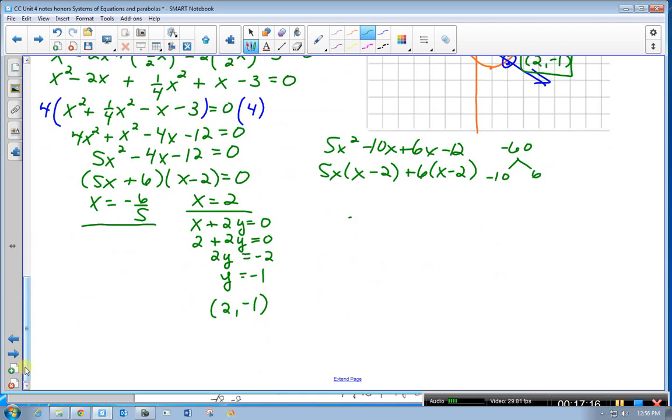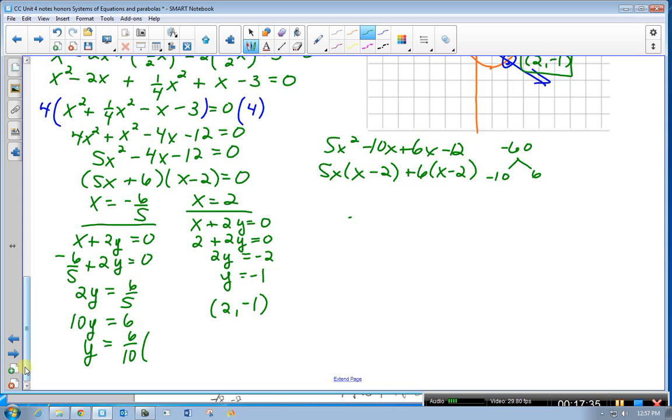And then on the other one, for negative 6/5, it's x plus 2y equals 0. So negative 6/5 plus 2y equals 0. 2y equals 6 over 5. 10y equals 6. Y equals 6/10, or 3/5.